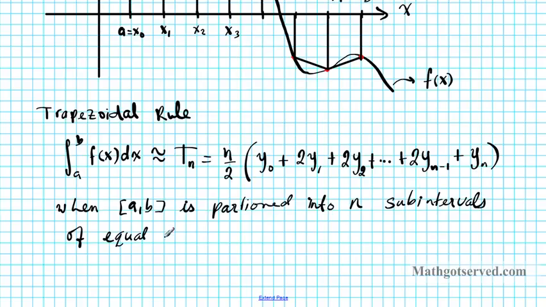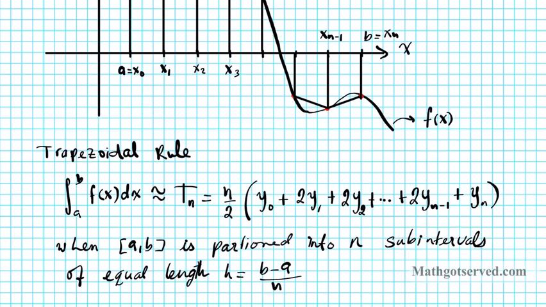Let's call that length h, as indicated in our formula right here, which would be b minus a over n. That's what h is.